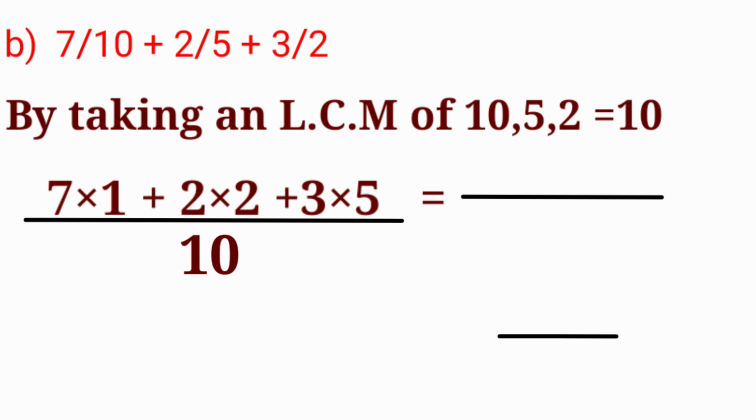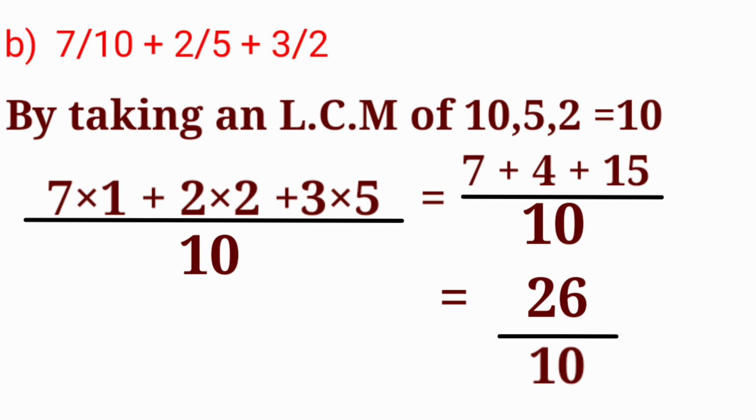So to make it an equivalent fraction, the numerator will also multiply with 2 only, as you know the rule of LCM. Now 2 5s are 10, so 3 into 5. So when we multiply, 7 ones are 7 plus 2 2s are 4 plus 5 3s are 15. Now we'll add all the terms, that is 26 upon 10. So this is our second part.